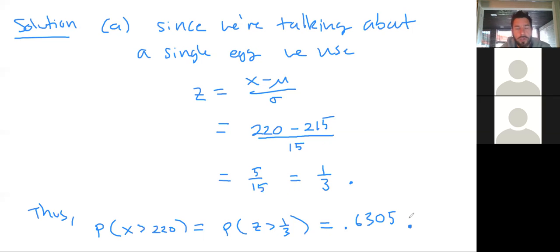So the way you can interpret this is there is a 65% chance that if you select a random egg, its cholesterol content is greater than 220 milligrams.